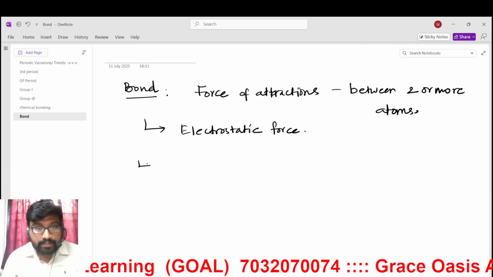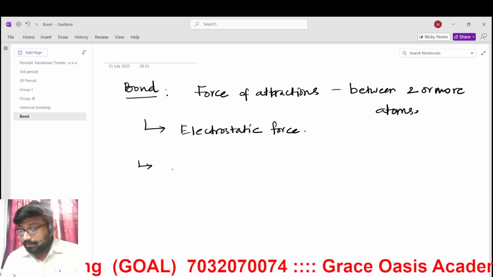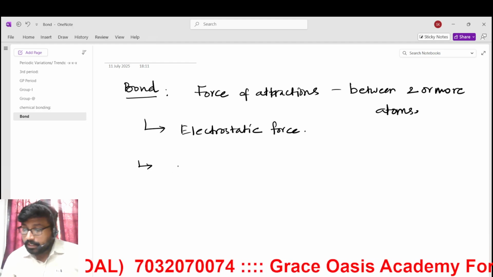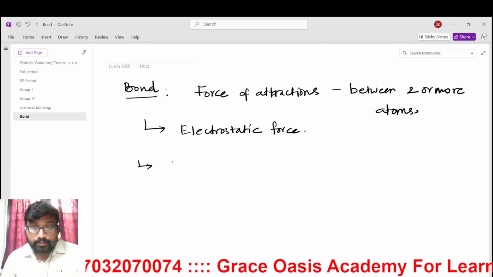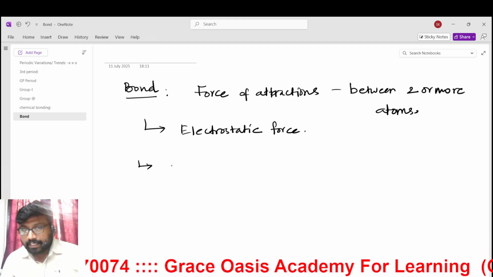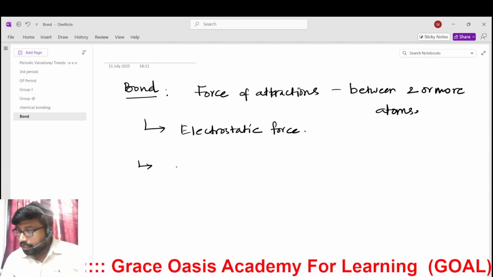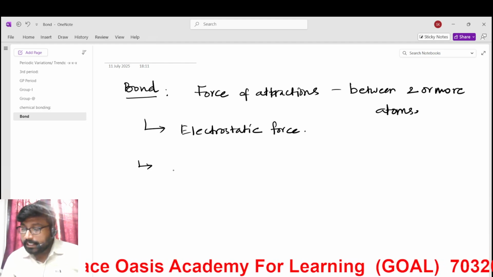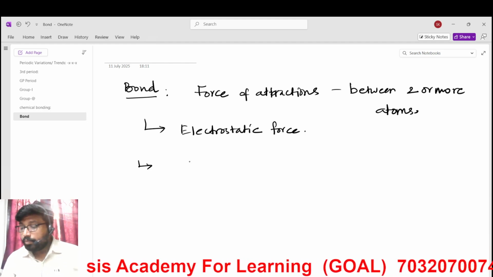So what is the definition? Chemical bonding is the force of attraction between two or more atoms, holding them together in a molecule or a compound.